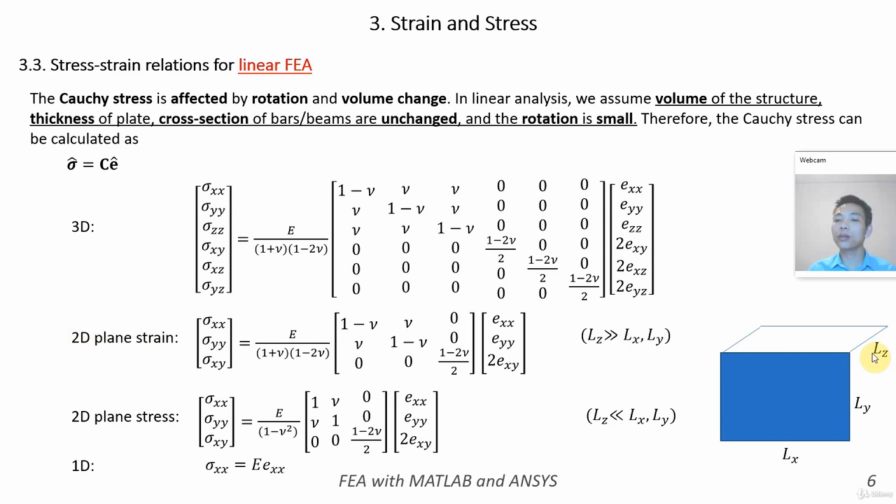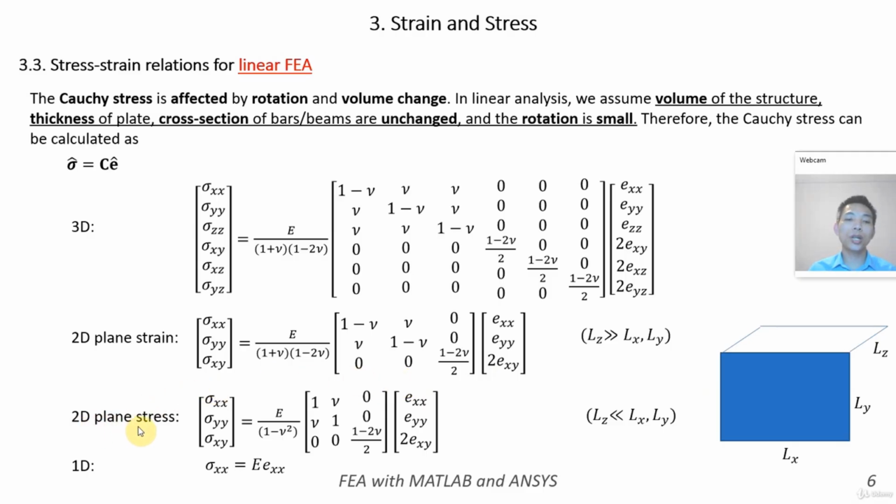If Lg is really small compared to Ly and Lx, which is a very thin plate, we assume the plate is in plane stress condition. So in plane strain condition, the relation is written here, where the C matrix takes that formula.